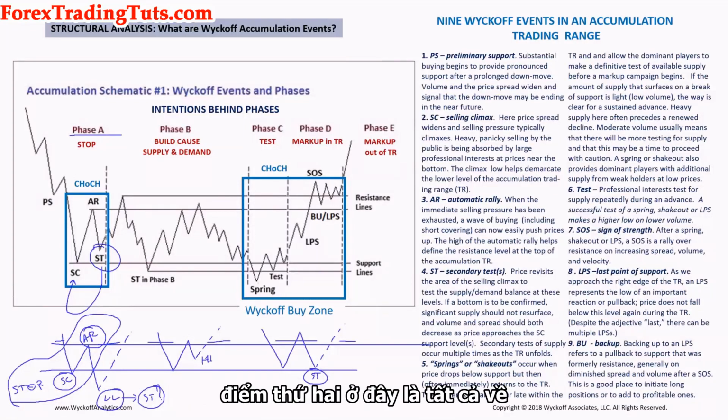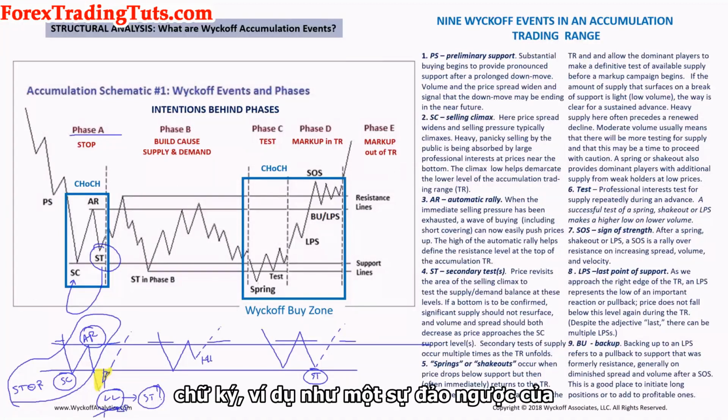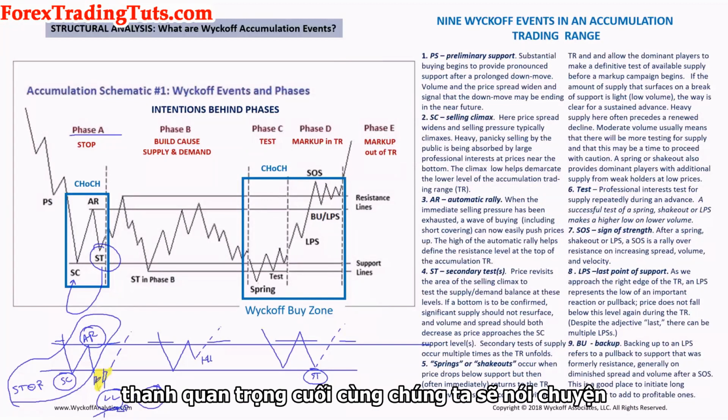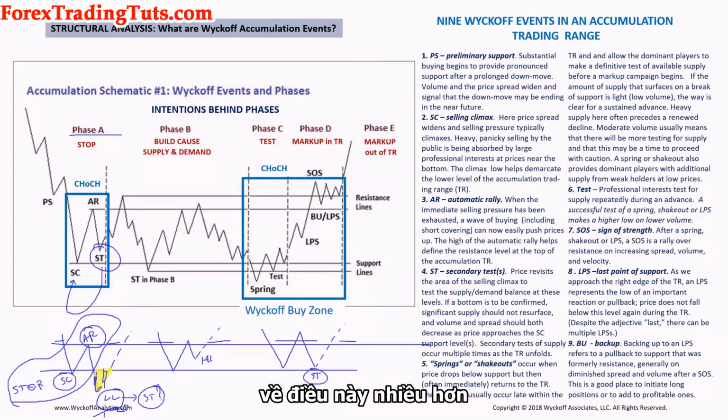The second point here is all about supply and demand and the price reversal around the area of the support. So we will be observing specific price reversal patterns that are being confirmed with the volume signature. So for instance, a reversal of the last significant bar, we will talk about this more in April, March, and then an increase in demand signature.